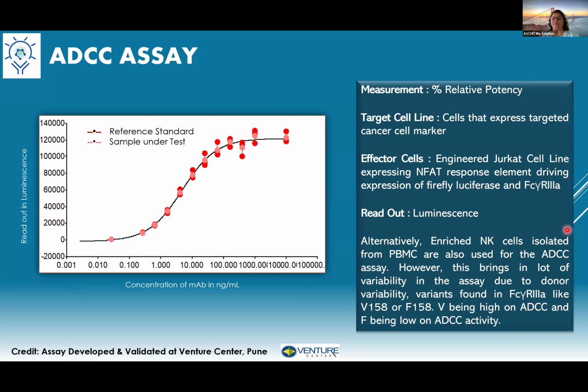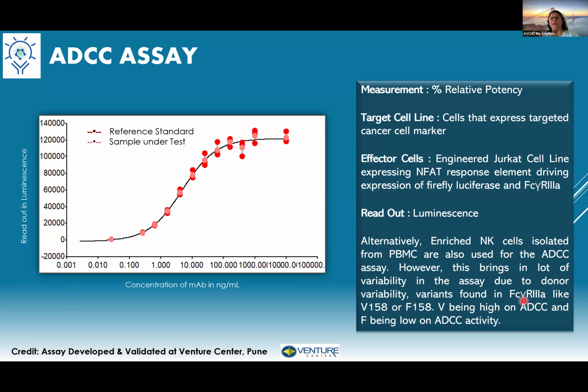There is another specific variant that has been found, which is the V variant or F variant. That means at the 158 location, it can be either V or F, where V shows higher ADCC activity and F shows lower ADCC activity.